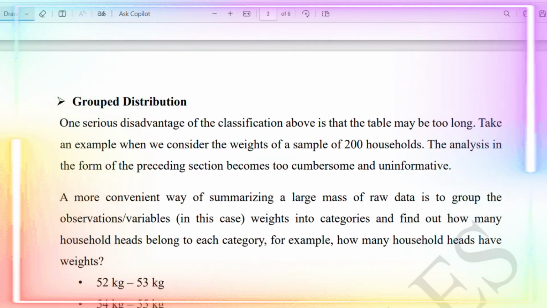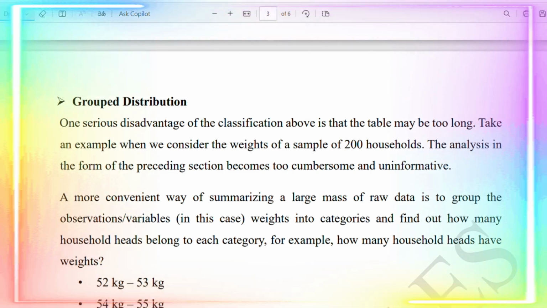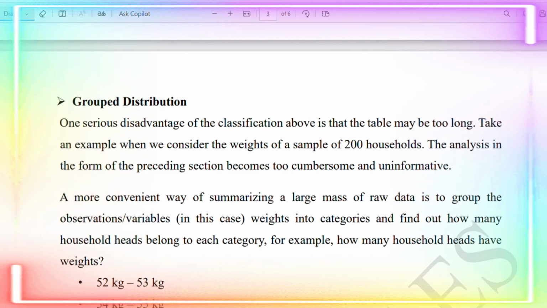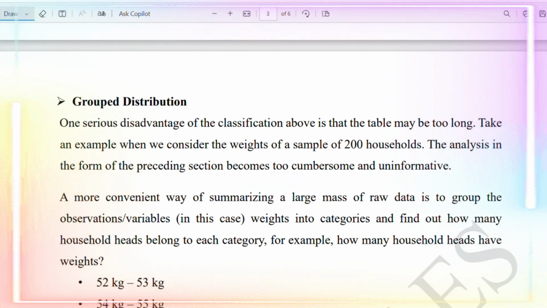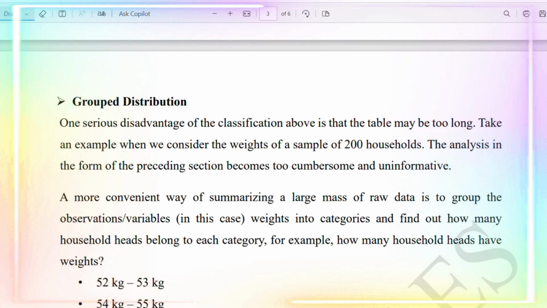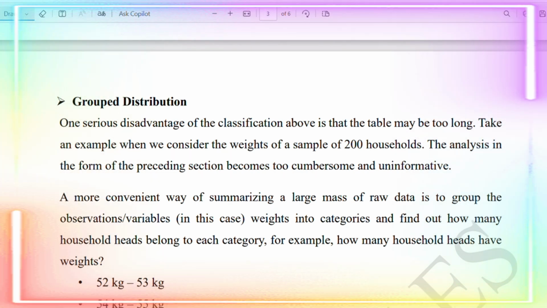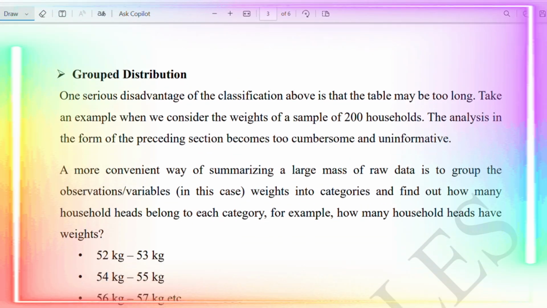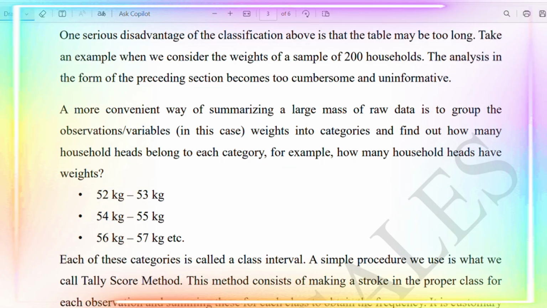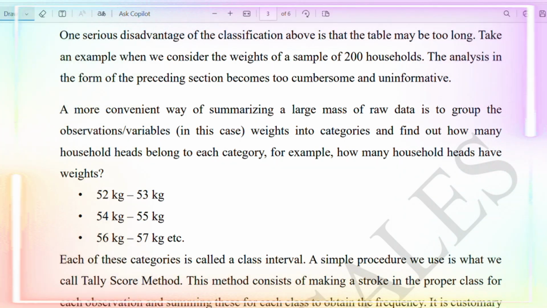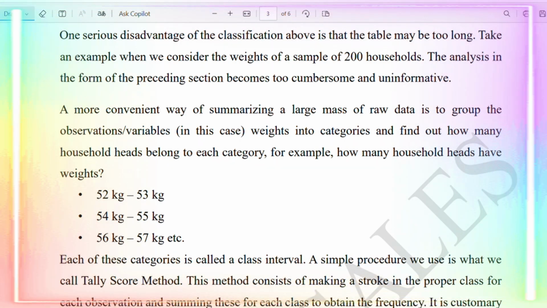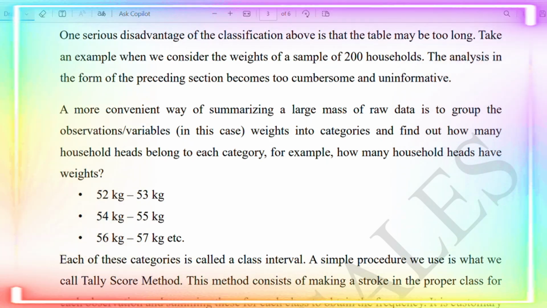Now let's discuss, as I've mentioned, grouped distribution. It is very important if we have larger observations that cannot be presented using ungrouped format. To present it in a grouped format means that we group the observations.